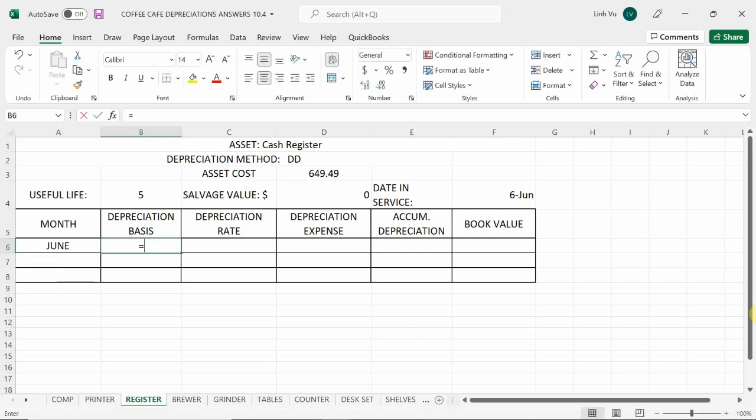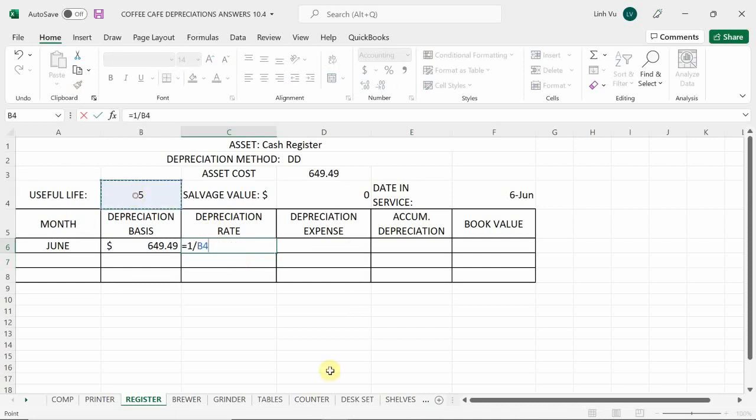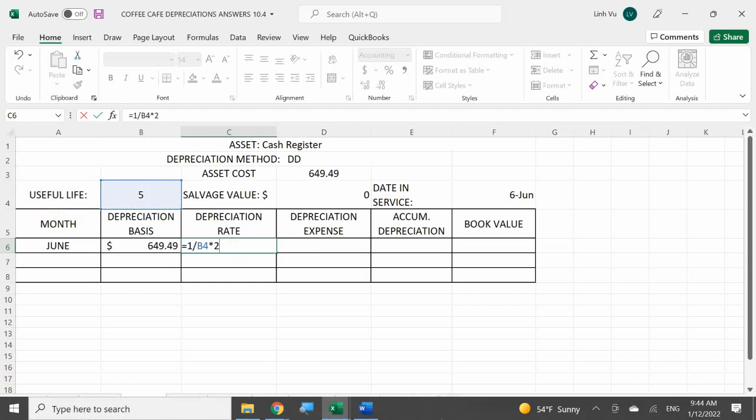So depreciation basis. Right, beginning of the year book value at $649.49. My depreciation rate is going to be 1 over its estimated useful life times 2.